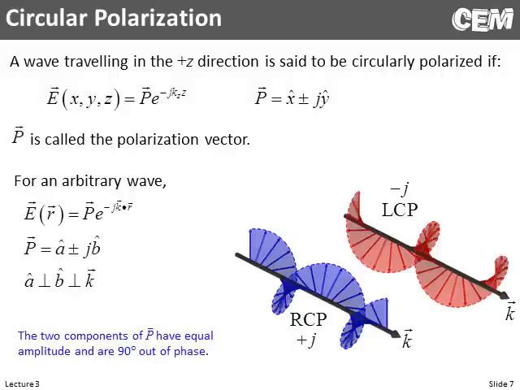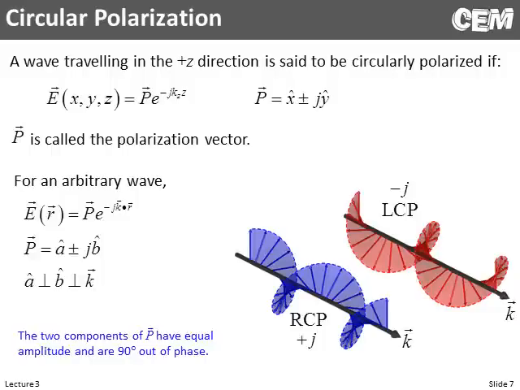Okay, here's the math behind the circular. Notice we're writing it the same exact way. We have a polarization multiplying the exponential. That's cool because we just calculate P a different way, and suddenly we can go from linear to circular or whatever we want. So no matter what the polarization is, you can always come up with some P to give you that polarization.